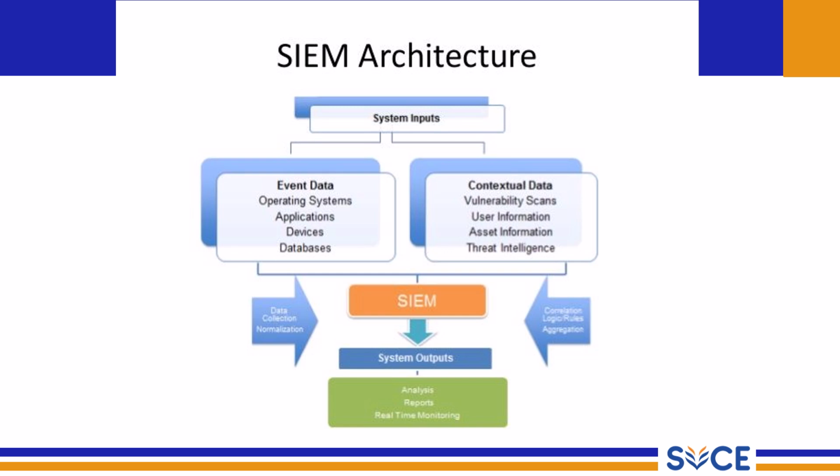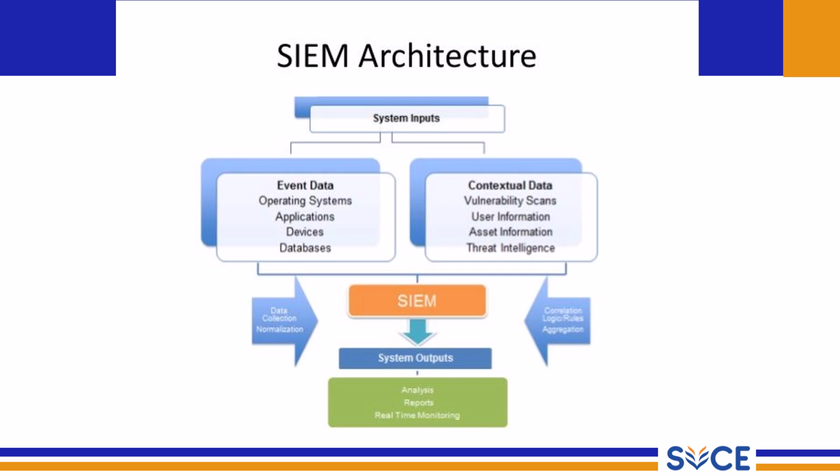Next, event correlation. SIEM solutions are effective because they bring together data from multiple systems across an enterprise. They analyze the data and look for patterns across the different entities.